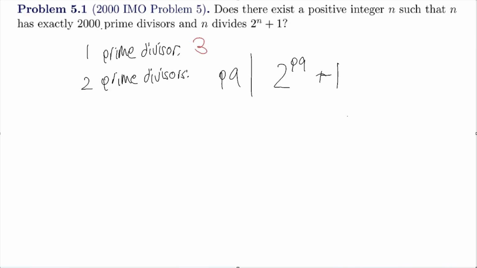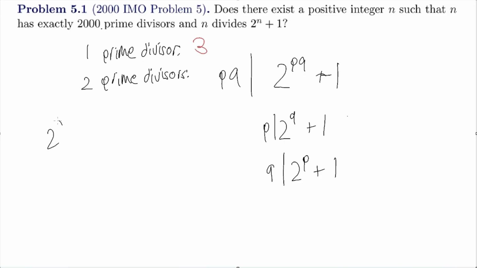And if we look at p and q separately, remember we can do this by using the Chinese remainder theorem as explained inside the second video, we have that p divides 2 to the p cubed q plus 1. We can simplify this exponent by using Fermat's little theorem if we want. So we get p divides 2 to the q plus 1. Similarly, q divides 2 to the p plus 1.